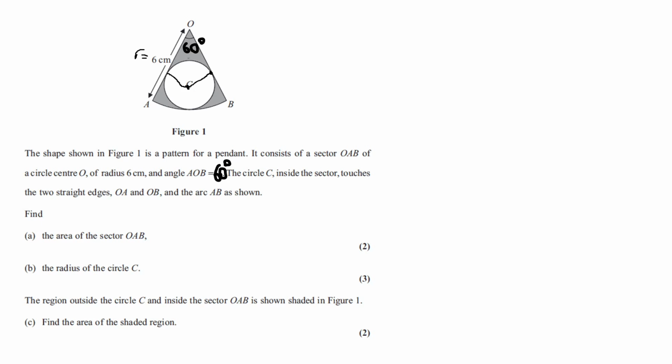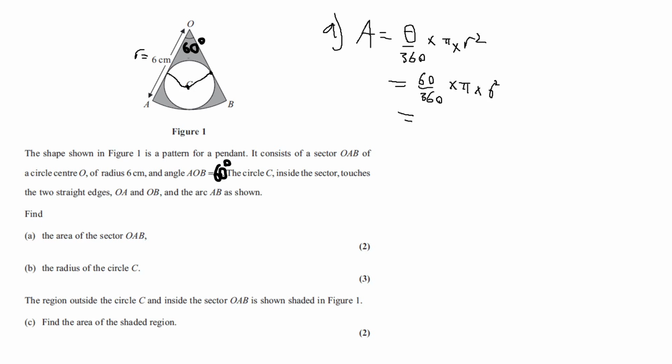Okay, so let's first work out the area. The area is simply going to be theta over 360 times pi times radius squared. So it's just going to be 60 over 360 times pi times 6 squared.